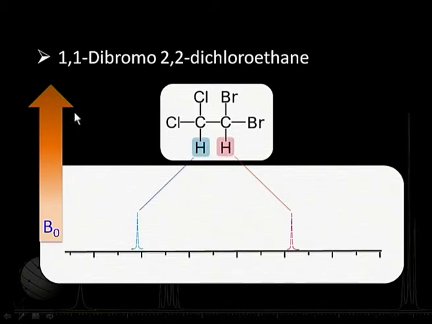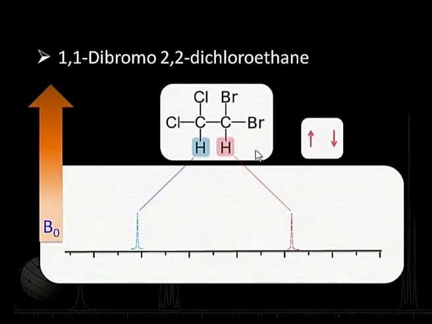This B naught is the applied magnetic field here. Now, let us understand. Let me focus my attention onto this proton here. When I am looking at this proton, it can have two possible orientations: either aligned with the field or against the field.